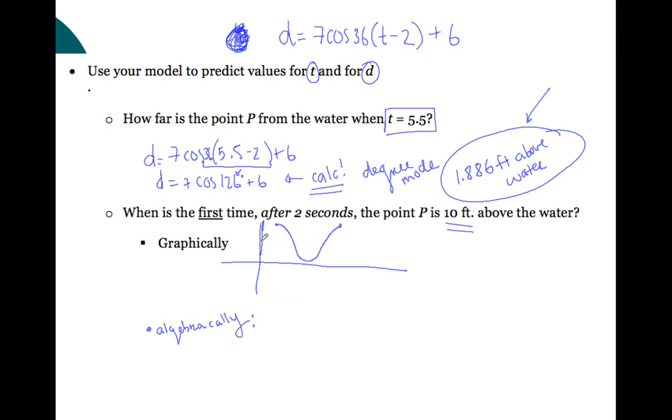is 10 feet the midline? What was this? 13. Oh no, 6 was. Oh, 10 feet was the midline of the other one. Sorry. Whew. This one goes below, doesn't it? This is terrible. This goes to -1, and then the midline was at 6.